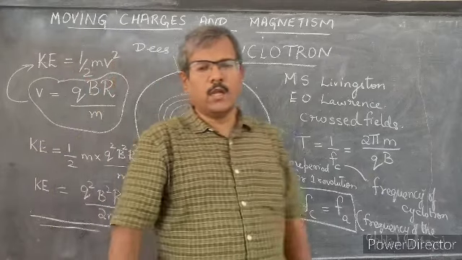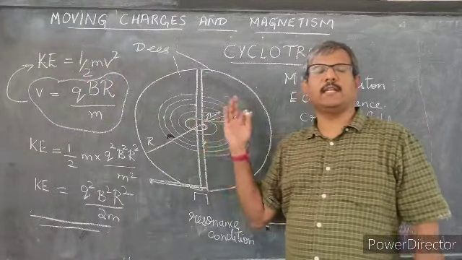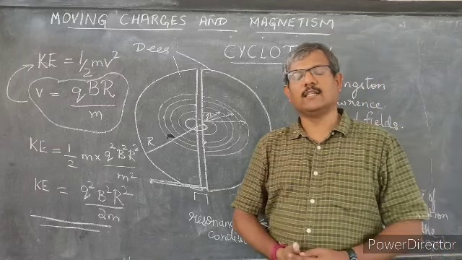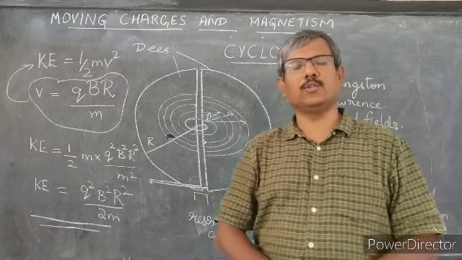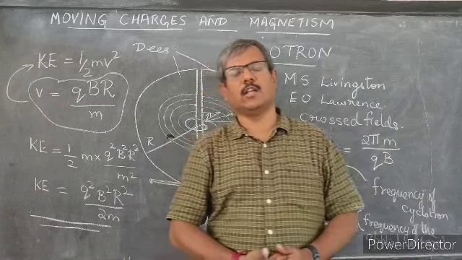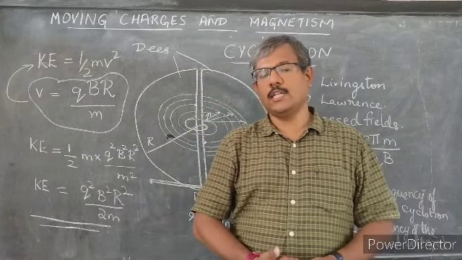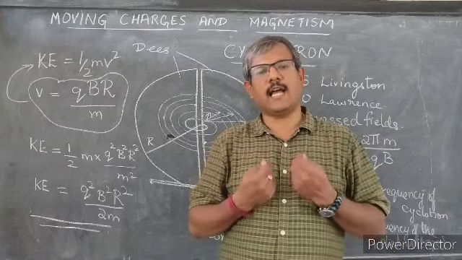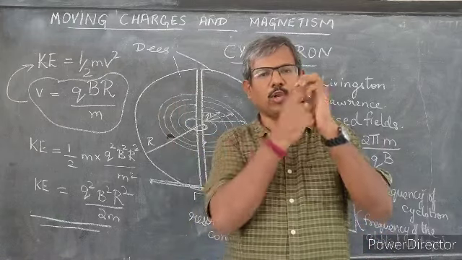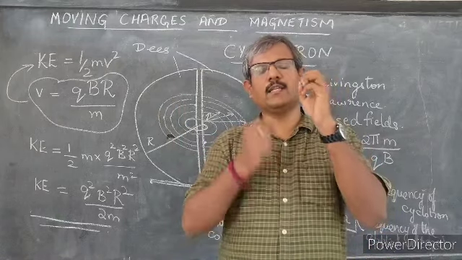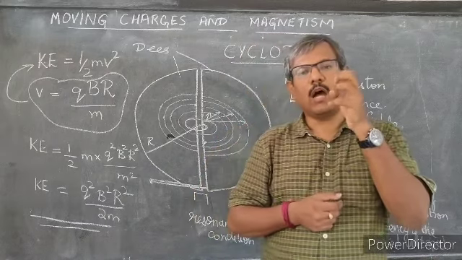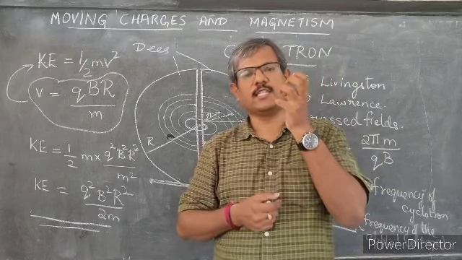So what are the applications of this particular cyclotron? The cyclotron was basically, as I said, invented by the two scientists Livingston and Lawrence to initially study nuclear structures by accelerating charged ions and getting them to collide with the nucleus of an atom, and in the process find out how the nuclear structure changes.